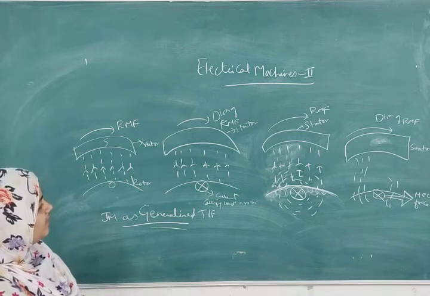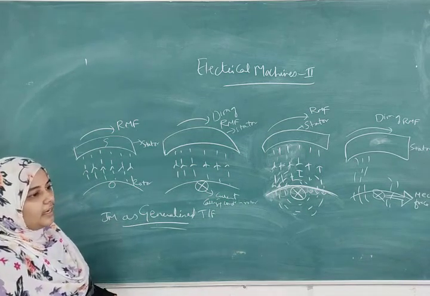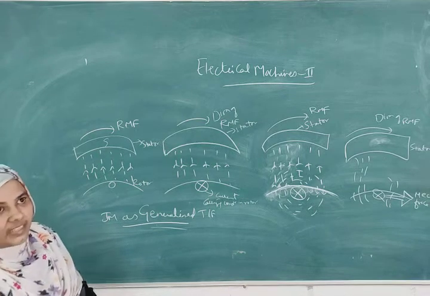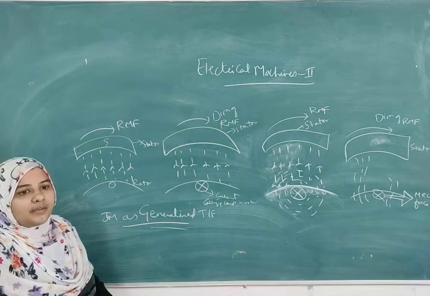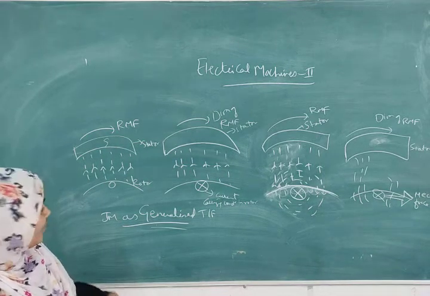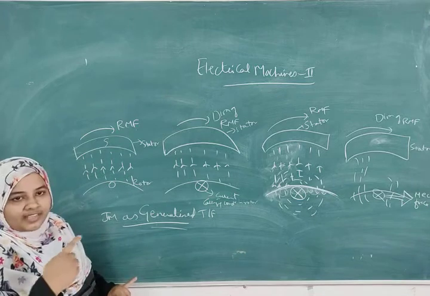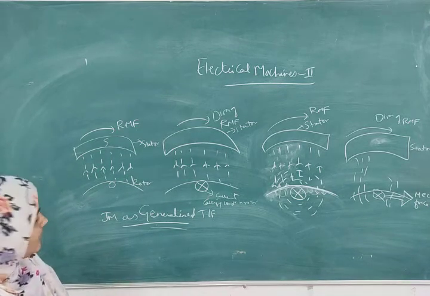One more difference is that the entire energy is in electrical form in the secondary side of a transformer, whereas some part of energy is in electrical form and some part is in mechanical form in case of induction motor. When we see the various power stages of induction motor, at that time we can understand this concept.